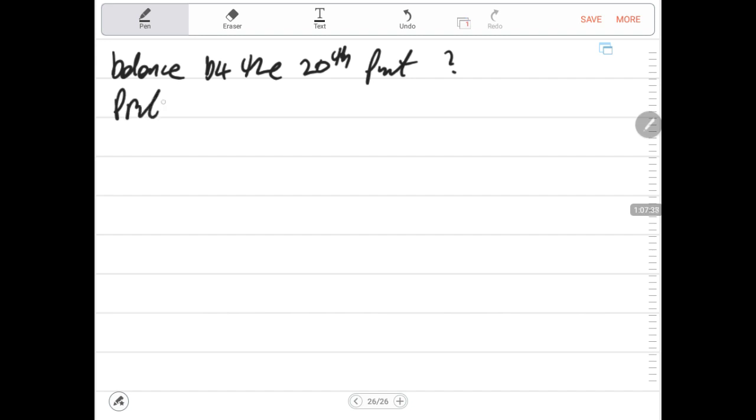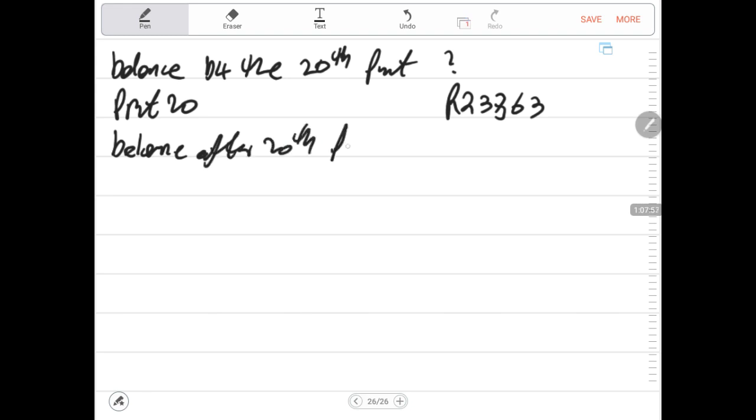Then we say payment number 20 is 237.63. Then we get to the balance after the 20th PMT. How do we get this?